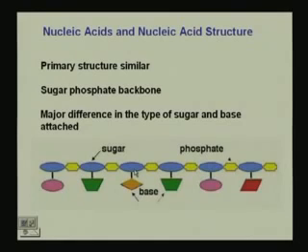So, what we have is a phosphate that is shown in yellow here, the sugar that is shown in blue, and we have different kinds of bases depending on the nucleic acid that is attached to the sugar. Okay? So, what we have basically is a sugar phosphate backbone, and we have the bases attached to the sugars in the backbone.